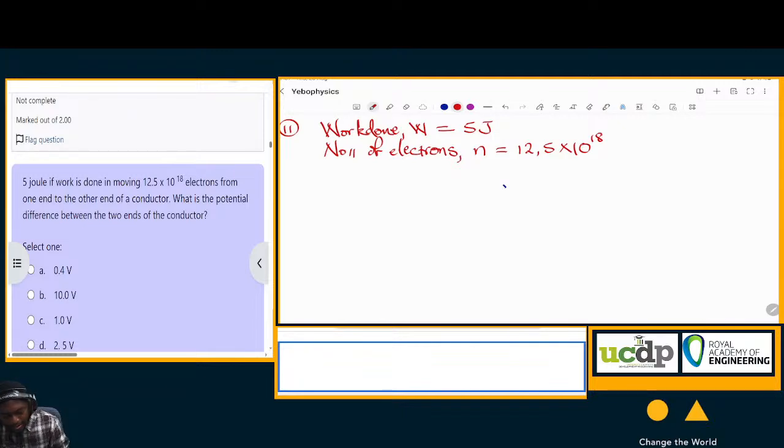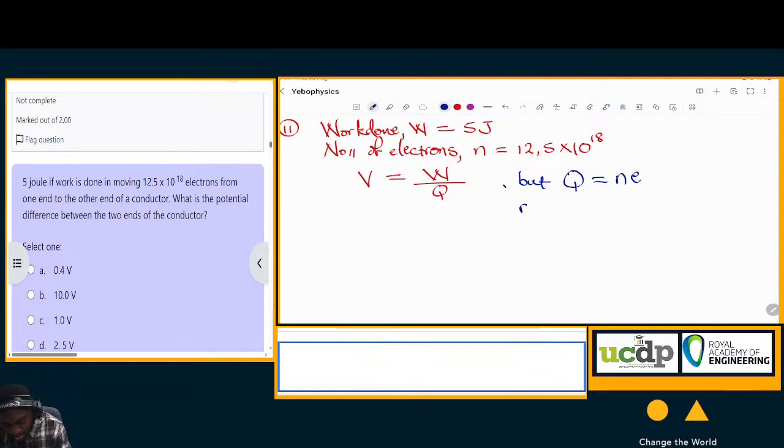But what we already know, potential difference V is equals to the work done per unit charge. But the total charge Q is equals to the number of electrons present multiplied by the elementary charge, which is the charge of an electron.